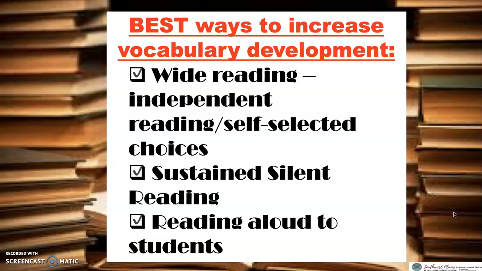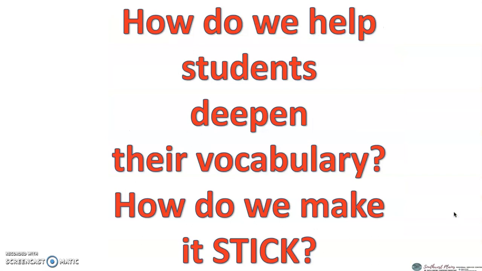Self-selected text choices are important. As teachers, we can aid our students by offering varied text through read-alouds of different genres. Our students' word awareness, as we will discuss shortly, is an important concept to elaborate or extend as we provide our students opportunities to explore new and unique types of texts.